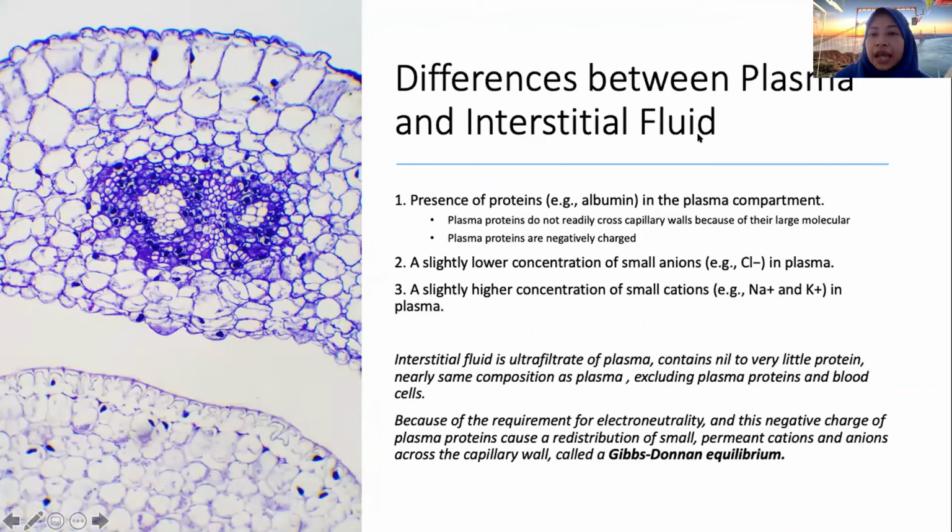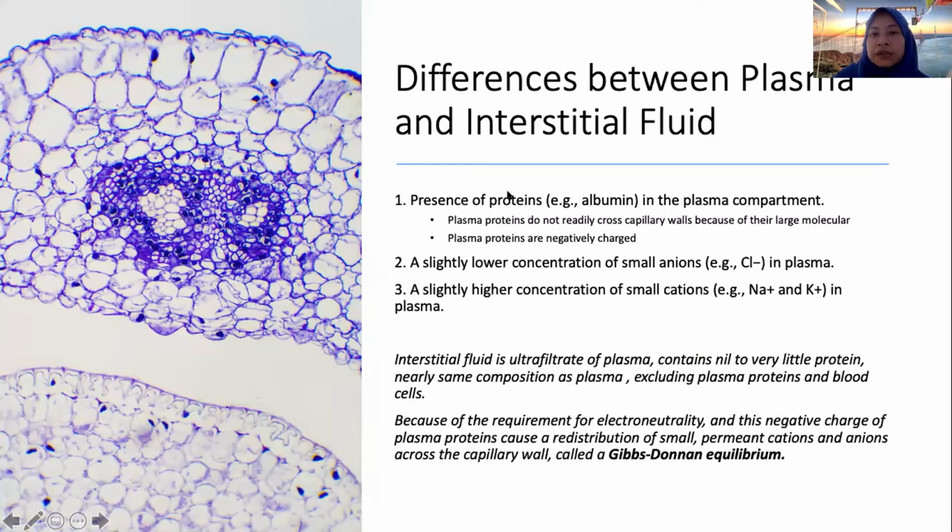In the extracellular fluid, we have the interstitial fluid and the plasma. The plasma and the interstitial fluid in general have very similar composition because the interstitial fluid is actually the ultrafiltrate of plasma, meaning it is the filtrate of the plasma but without some of the components, which are the proteins, because these proteins are large and cannot readily cross the endothelial wall of the capillaries.